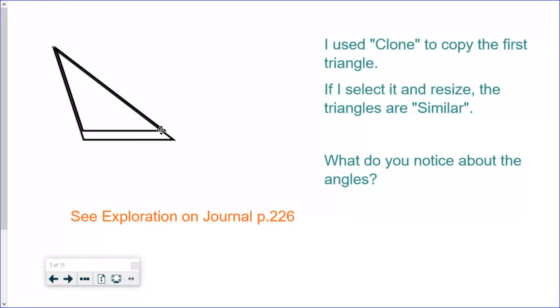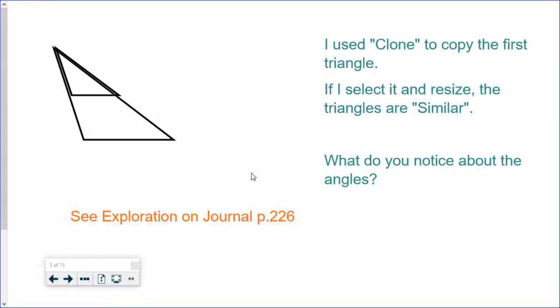Okay, you can see there's a shared angle and the bottom lines are parallel. So it's supposed to line up on top of each other.